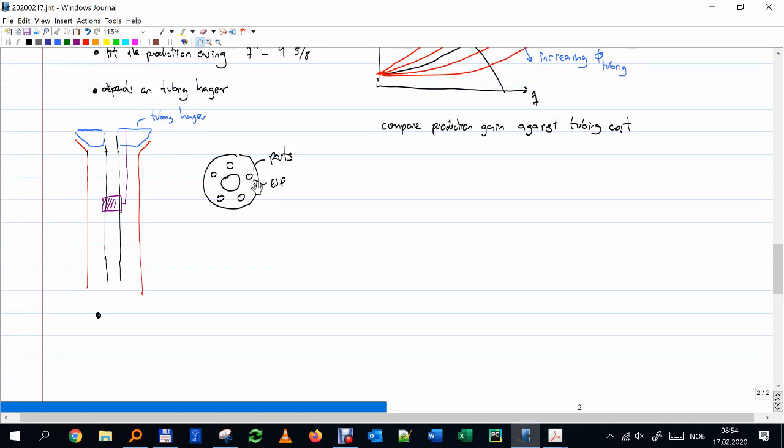You will still have, say, 5 ports going through there, so you are still limited, because you have this hole which is limiting, the size of the production casing. You maybe can put a more robust tubing hanger, but if you have 5 ports here, that's what is really limiting the size of your tubing. How big can you go on your tubing?